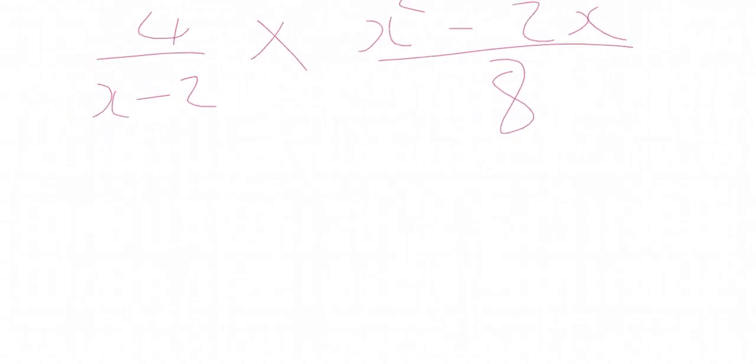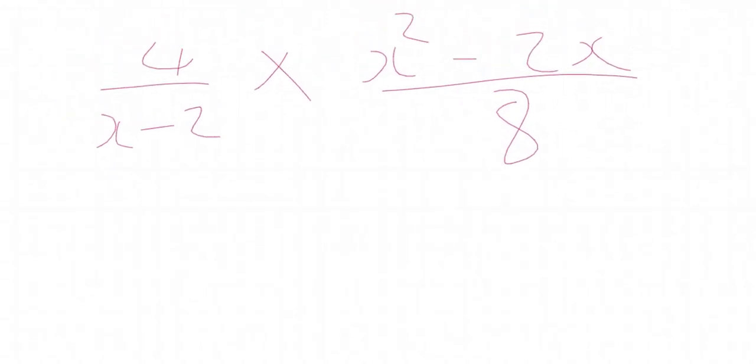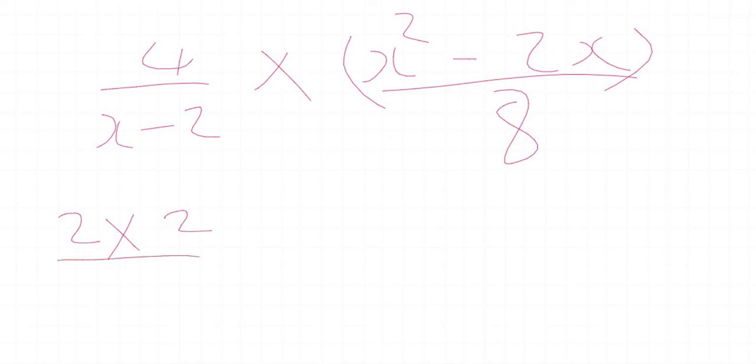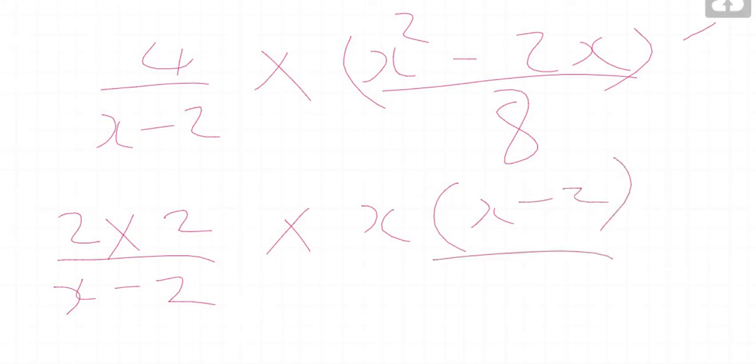We just want to see things very simply. So we could say 2 times 2 divided by x minus 2, because we can't do anything with that. And we could ask what can be factored in this numerator. The x can be factored out, and we'll have x minus 2, all divided by 4 times 2.